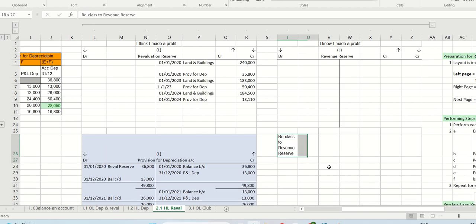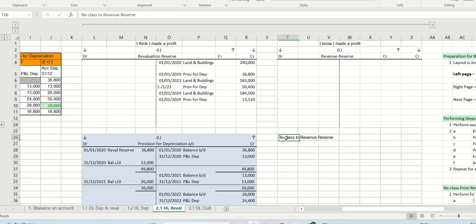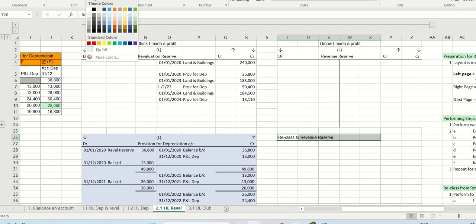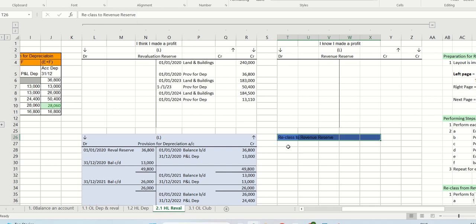Let me fix that. Okay, reclass to revenue reserve. Okay, so we'll pop that in there as a little heading, and we'll do our little steps for that here. So number one is going to be the revalued the land. Okay, it is easy.